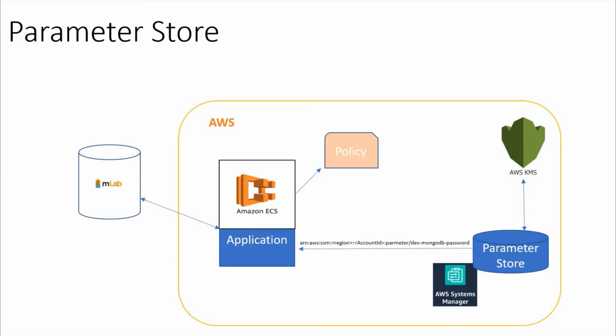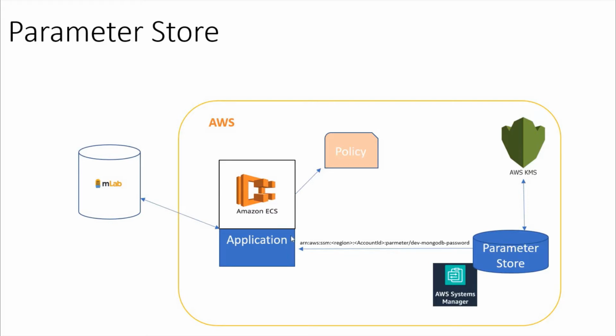If you see this diagram, in this demo I'm going to have an ECS service where one application will be running, and this application pulls data from mLab, which is a MongoDB, and displays some of the content.